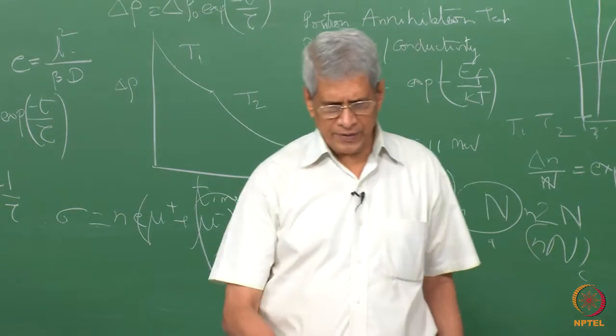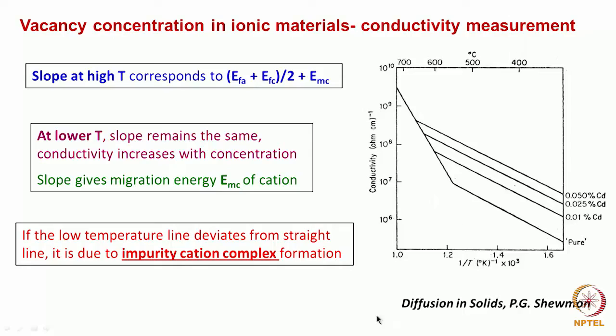Quite often what happens is that this is not a straight line, especially the lower part. Why is it not a straight line? As you pointed out earlier, the defect could form a complex with the impurity, that is, the divalent impurity and the vacancy form a complex which seem to be close by, and they would prefer to move together.